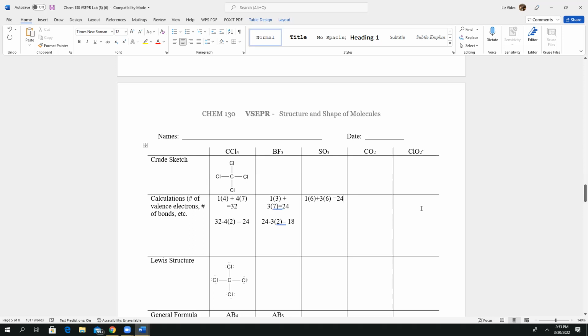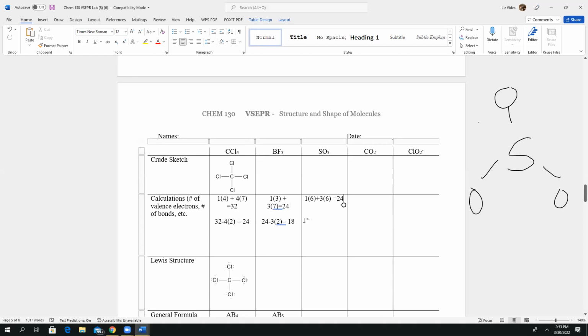Okay, so we know that we have an S with 3 oxygens. That's your crude sketch. All right, that goes up here. And the next part is, okay, so since we have that, now we need bonding.